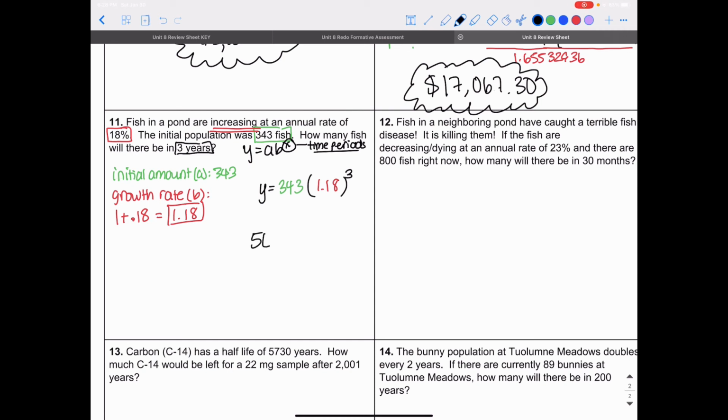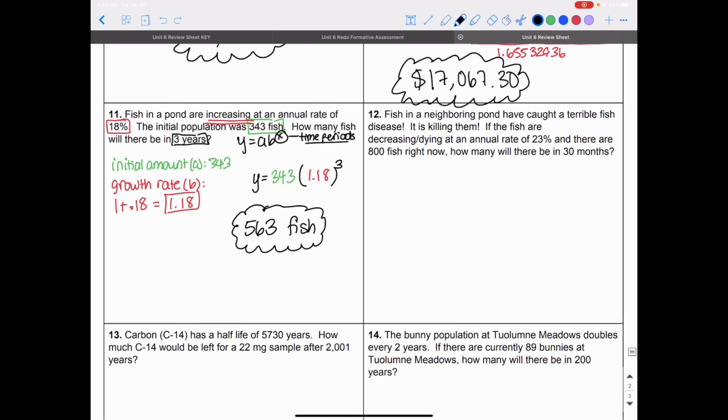I round down, even though I'm technically supposed to be rounding up, because this is a living thing. It's 563.55 and so on, but I can't have a piece of a living thing, so it's 563.